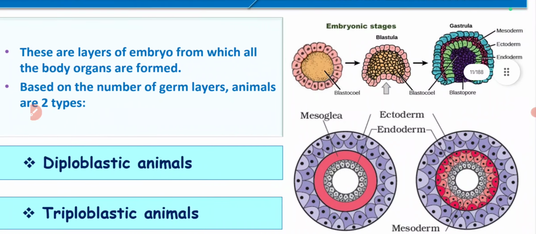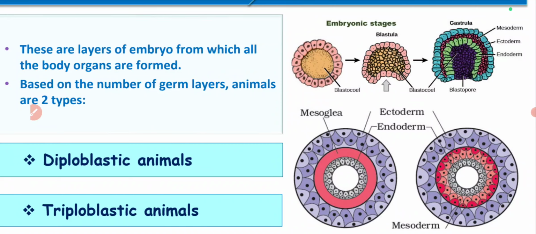What do you mean by germ layer? These are the layers of the embryo from which all the body organs are formed. As you all know, the zygote develops into an embryo. Zygote means two gametes fused together, and the zygote then goes to the embryonal stage. In the embryo stage, different cells group together to make a particular body organ.